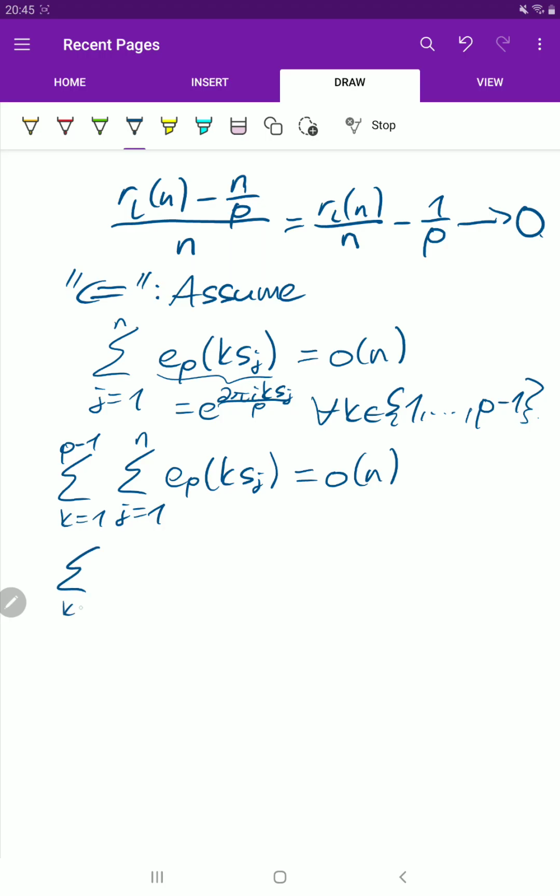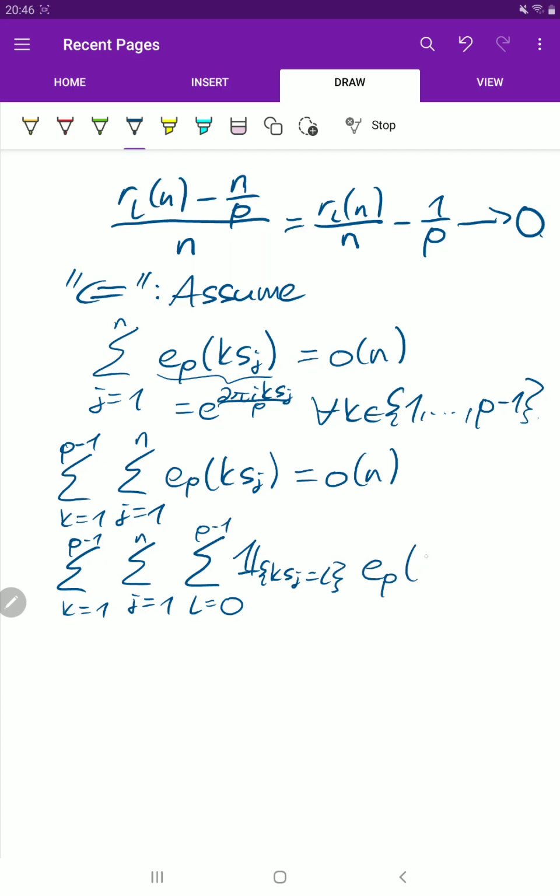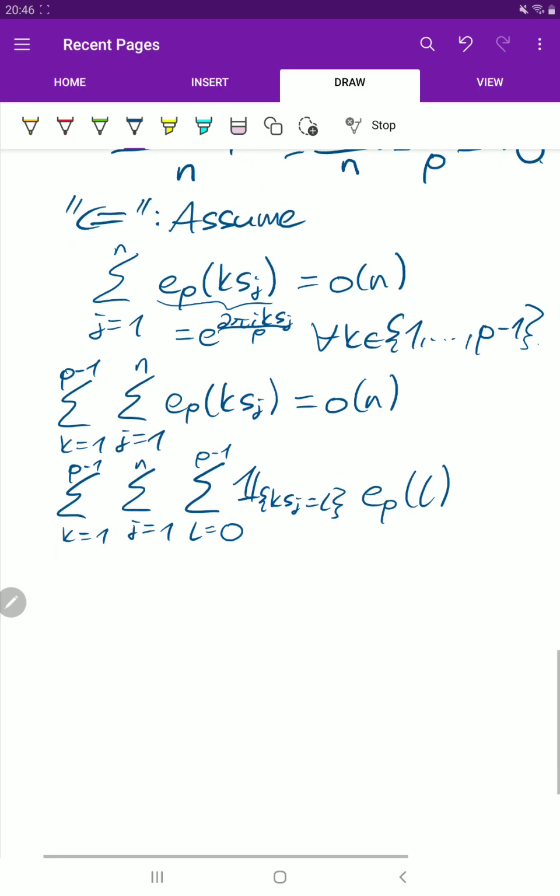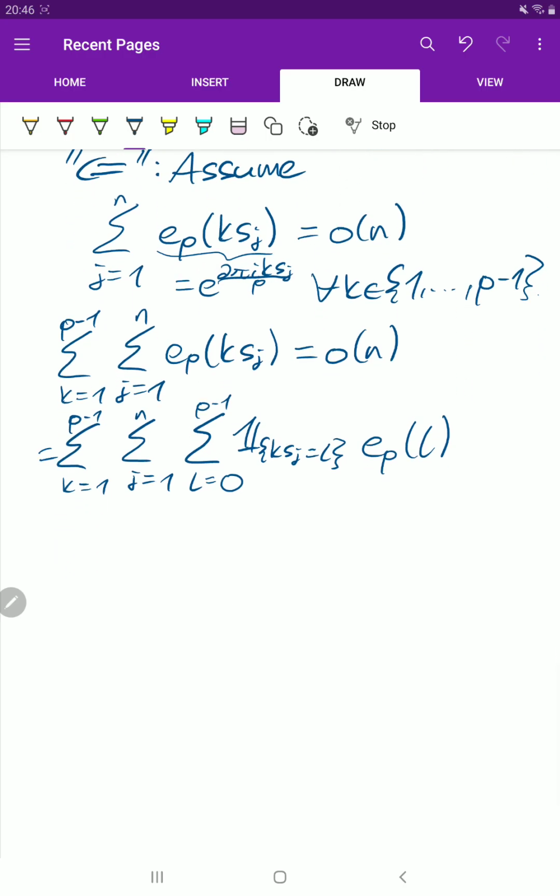In order to get rid of this, we introduce a third sum, an artificial third sum, which goes from 0 up to p minus 1. And we just want to capture the ones where k times s_j is equal to L. And then we can say, okay, this is e_p of L. So this is the same thing.